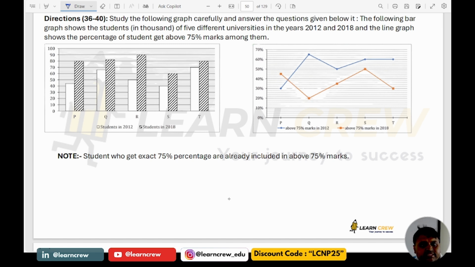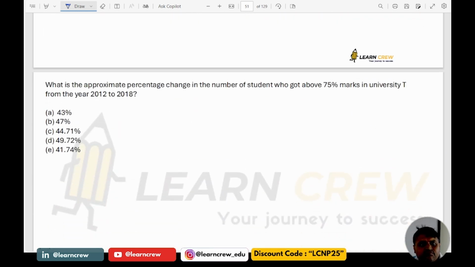Next one, same. What is the approximate percentage change in the number of students who got above 75% in university T from the year 2012 to 2018? One is 60% of 70,000, the other is 30% of 80,000. So it is 42,000 and 24,000.